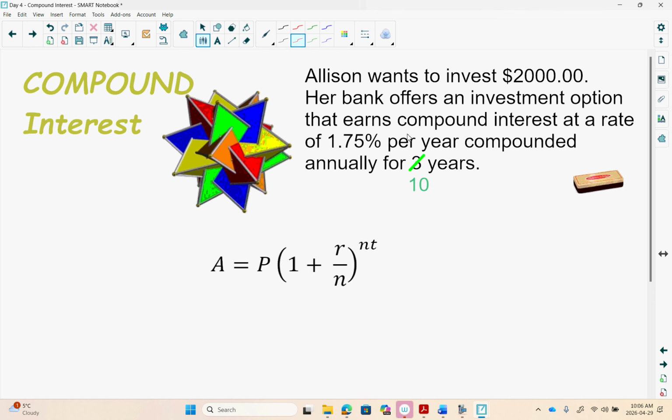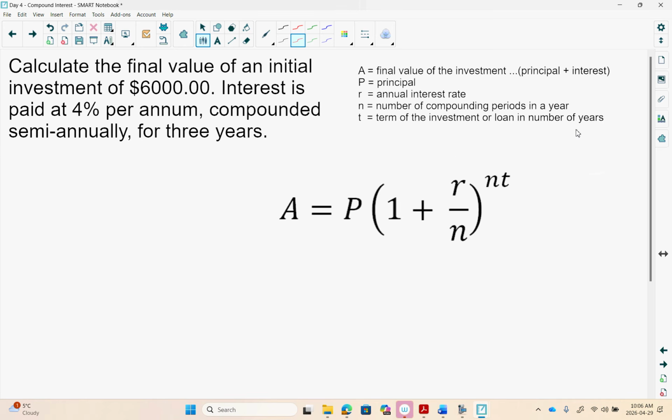Next question. Let's not do the compounded annually because that's just a 1. Let's go with this one here. Okay? So everyone find this question on your sheet. And I'm going to add 2 parts to it.